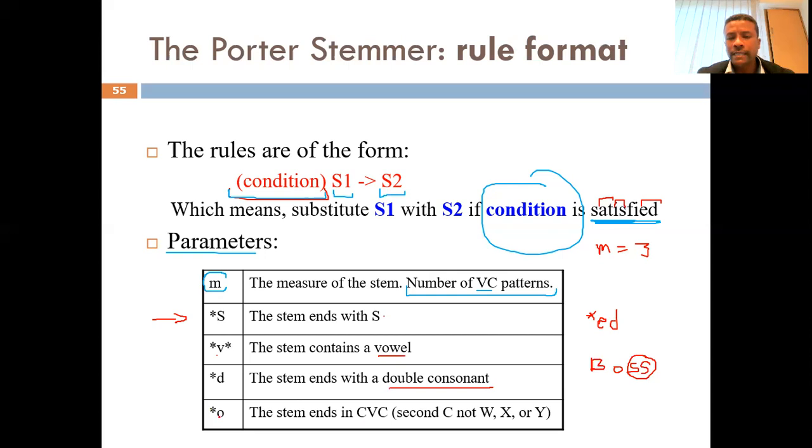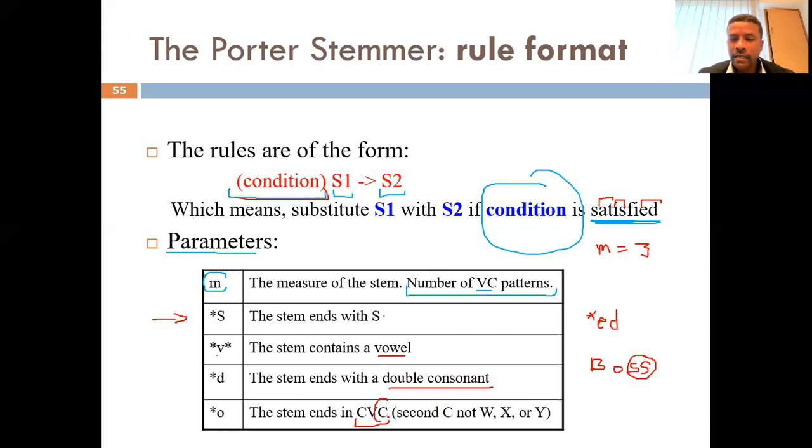The last one, asterisk O, means the stem ends with a consonant-vowel-consonant pattern. መጨረሻ ላይ consonant vowel consonant ያለው መሆን አለበት ማለት ነው። Okay? consonant vowel consonant ከሆነ በኋላ ግን ምን ይላል?